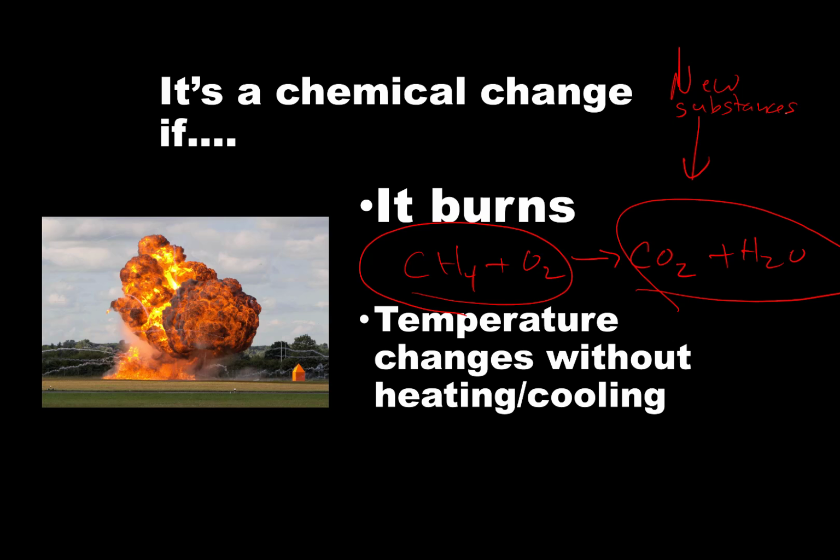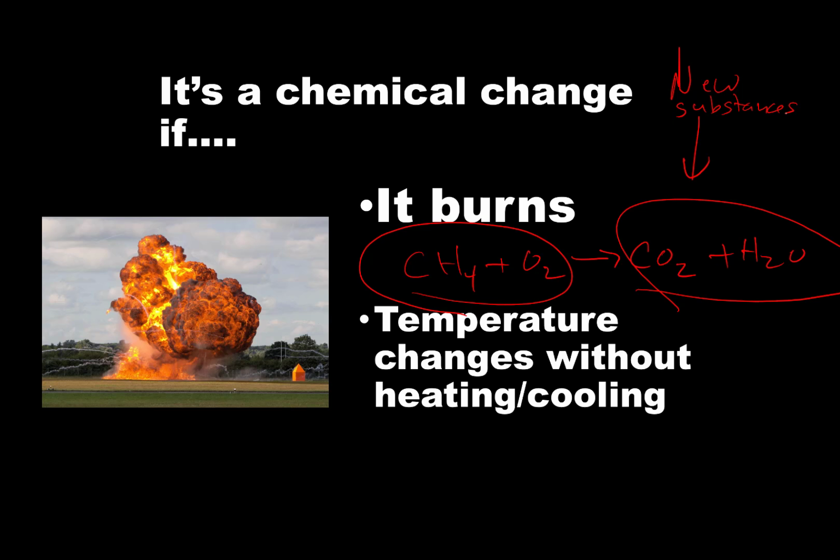So these are some ways that we can know that a chemical reaction is happening. If the temperature changes without heating or cooling, so if all of a sudden, spontaneously, the temperature increases when you mix two things together, that's probably a chemical change. Let me give you an example. The hand warmers that you see, some of those are made up of little filings of iron.